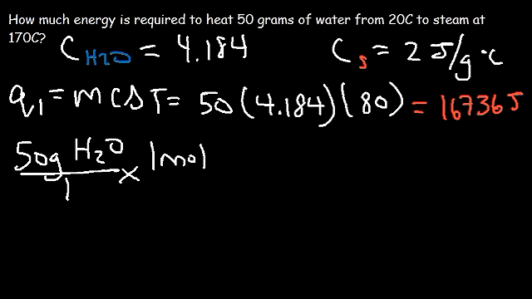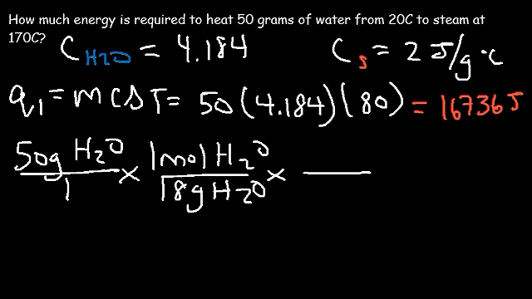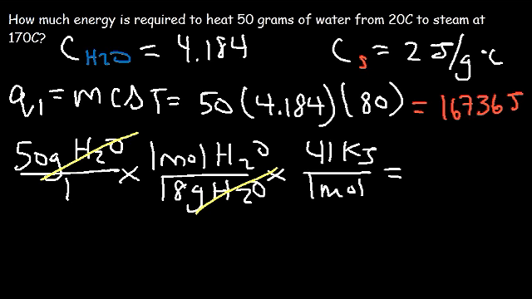We know that the molar mass of H2O is about 18, and the heat of vaporization for water is about 41 kilojoules per 1 mole. So grams will cancel and the unit moles cancel as well. So it's going to be 50 divided by 18 times 41. Now, you should get 113.9 kilojoules.